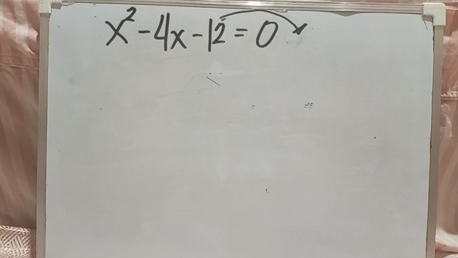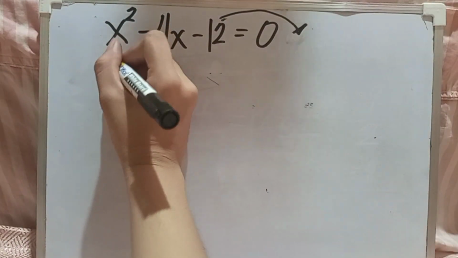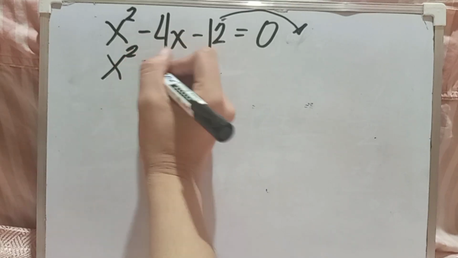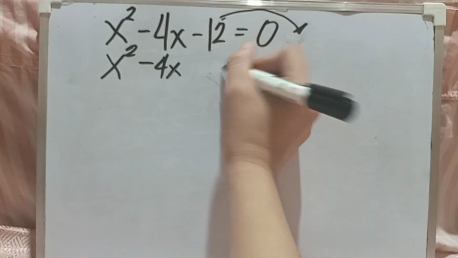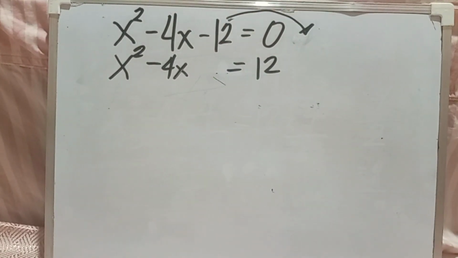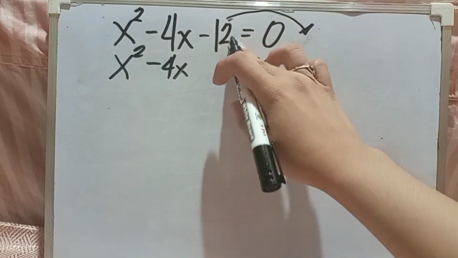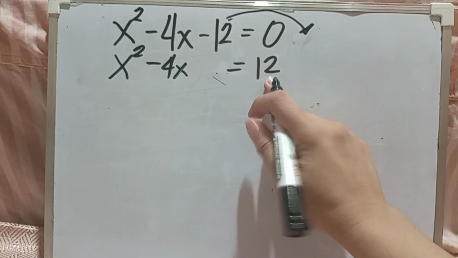Basically, if we transpose a number, the sign will change. So we have x squared minus 4x is equal to 12. Again, we transpose the negative 12 and it becomes positive.